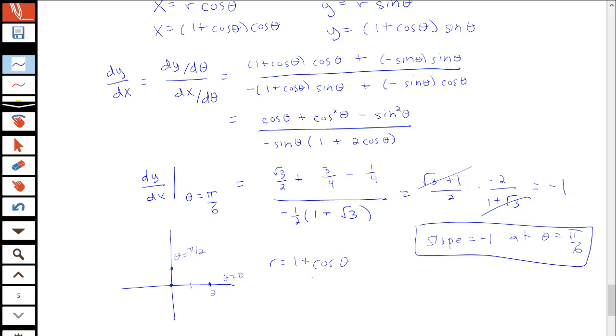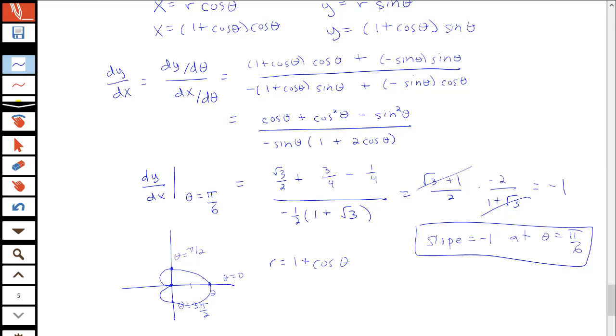And then at 3 pi over 2, cosine of 3 pi over 2 is 0, so I'd have this angle of 3 pi over 2 and a distance out of 1, so that would put us right down here. So this is theta equals 3 pi over 2. We know that this is going to have the shape of this cardioid. So it's doing something like this here.